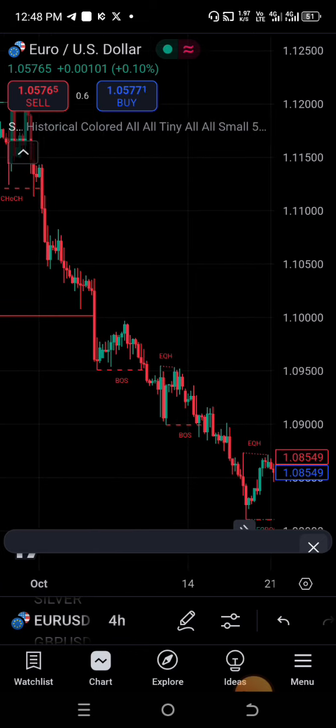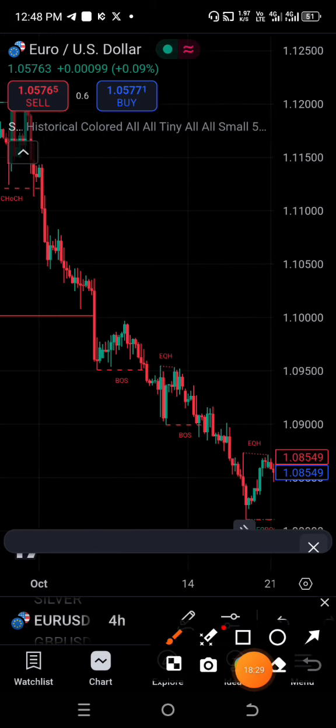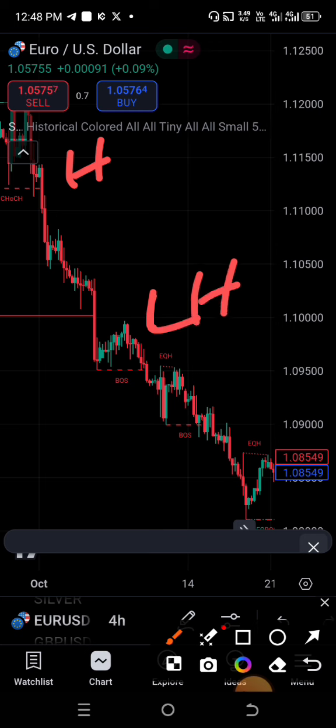Now let me quickly label this so that you understand better. You have a high there, you have a lower high, you see, lower low. You understand? Okay, sorry. This is another one, lower low.